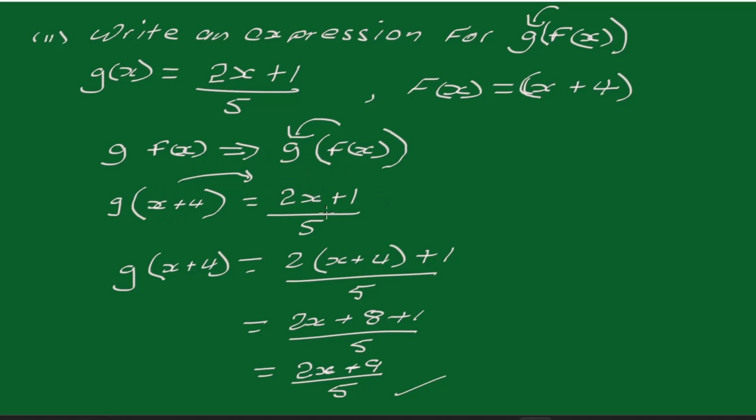Right, so this is function g, and into function g we're going to input x plus 4. We went ahead and did that in this case here. So where we see an x, we're going to replace it with x plus 4. After having done that, we expand this bracket here. We got 2x plus 8 plus 1, and our final answer is 2x plus 9 all over 5.